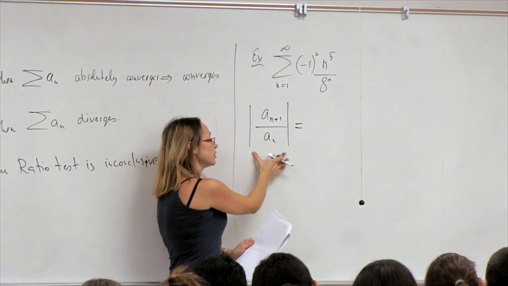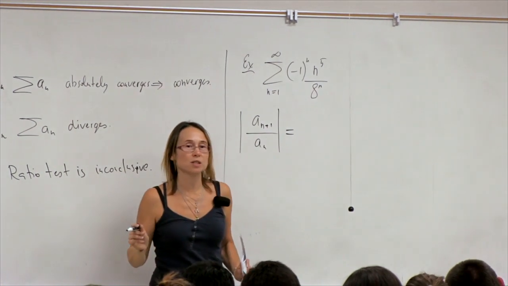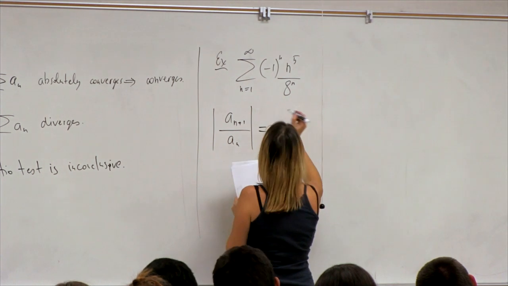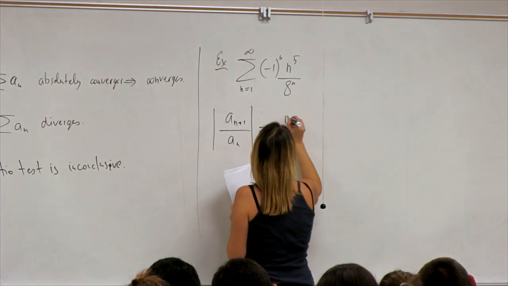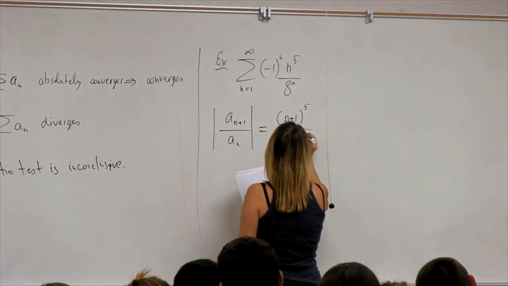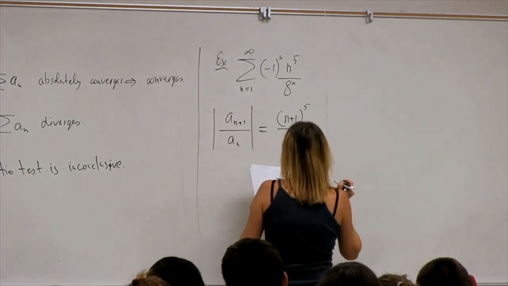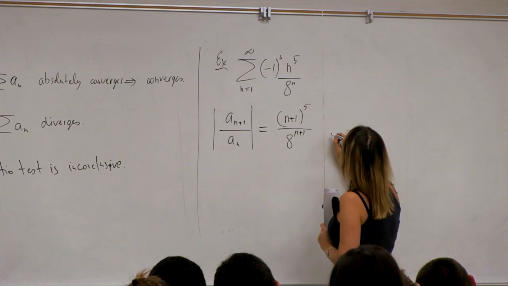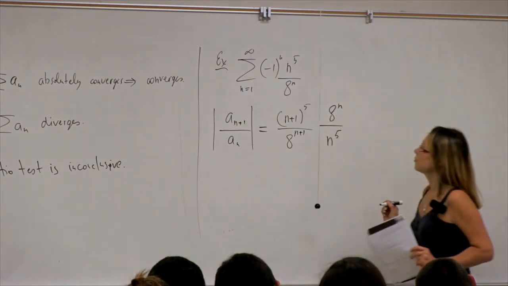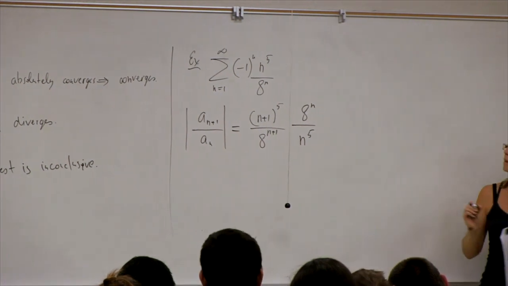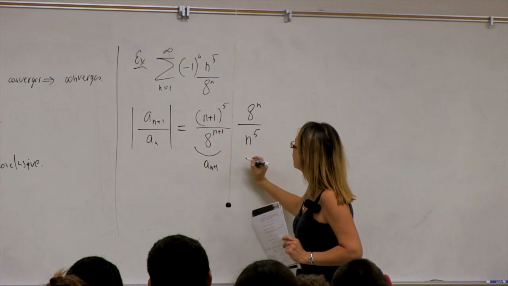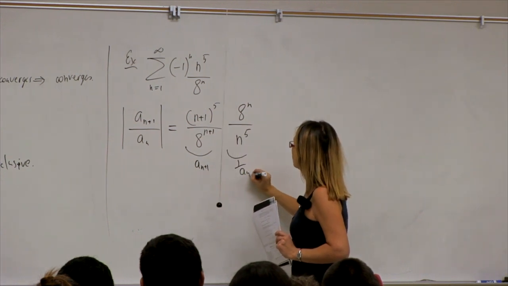Because we have an absolute value, I can completely ignore (-1) to the n. So a_{n+1} is (n+1) to the 5 over 8 to the n+1, divided by n to the 5 over 8 to the n. So this is a_{n+1}, and this is 1 over a_n.